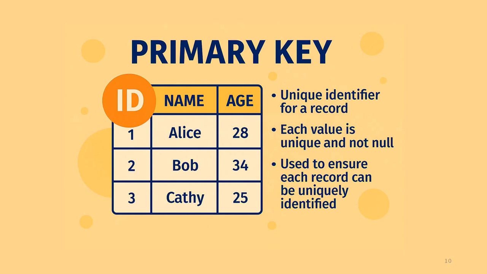So here we have two constraints with the primary key. If we identify one attribute as primary key, it's like we added two constraints, unique and not null.